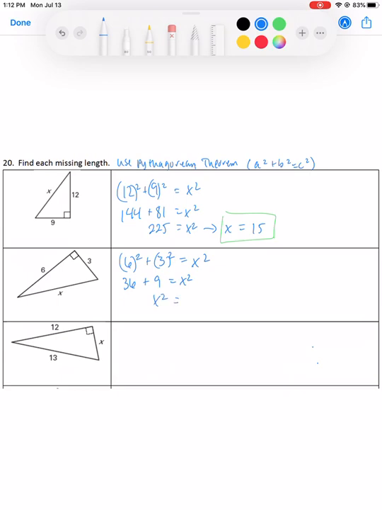X squared is going to then equal 45. X is going to equal the square root of 45, which you can separate into 9 times 5. So x is equal to the square root of 9 times the square root of 5, which equals 3 square root of 5.